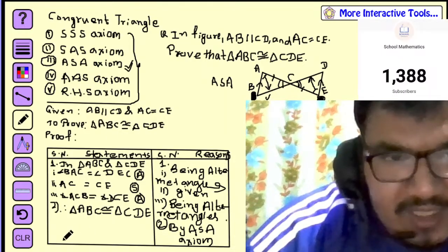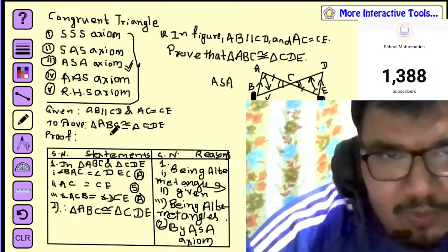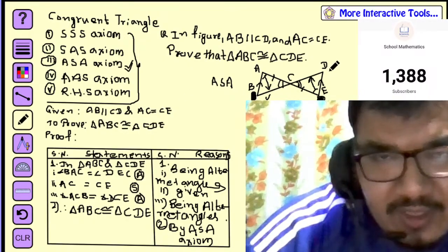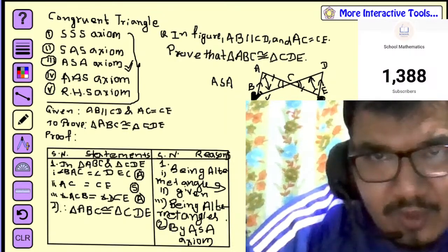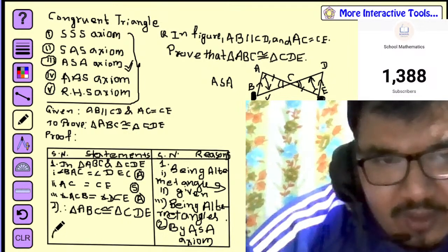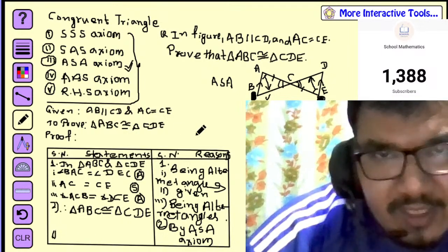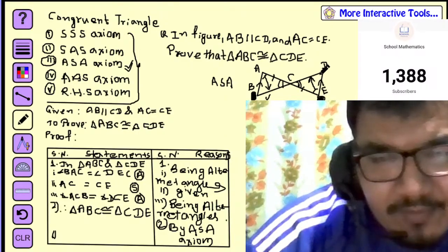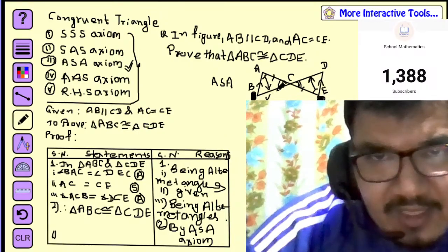If one more thing was added to prove, that is BC equals CD, then we could write it in the third step here. After showing these congruent triangles, we can tell directly BC equals CD, because BC is the corresponding side with CD.